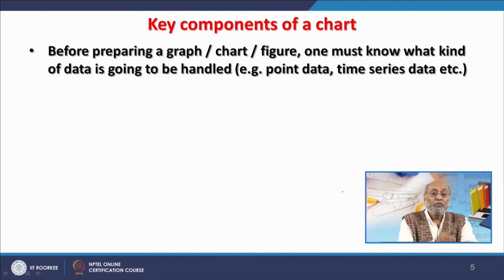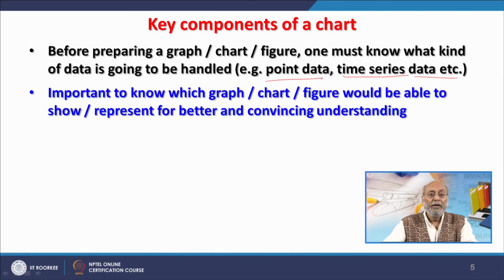While preparing a graph, chart, figure or plot, one must know what kind of data is going to be handled. For example, you might have point data, time series data, temperature data and so on. Another important thing is to know which graph, chart or figure would represent it for better and convincing understanding.